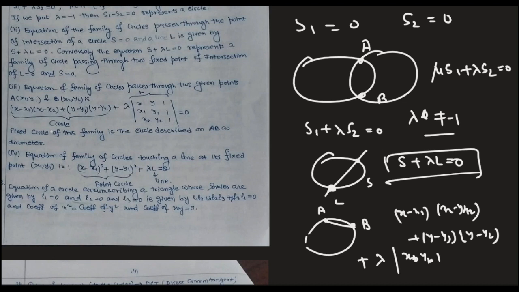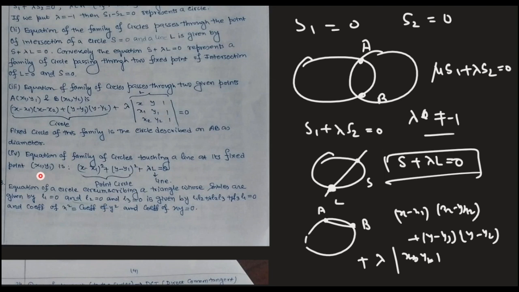Now the next one is the equation of the circle. You have to find the equation of the circle touching a line at its fixed point x1 y1. So a line has the fixed point x1 y1 and the circle touches at that point x1 y1, then what will be the equation of the circle? So now first of all we take any point on the circle.